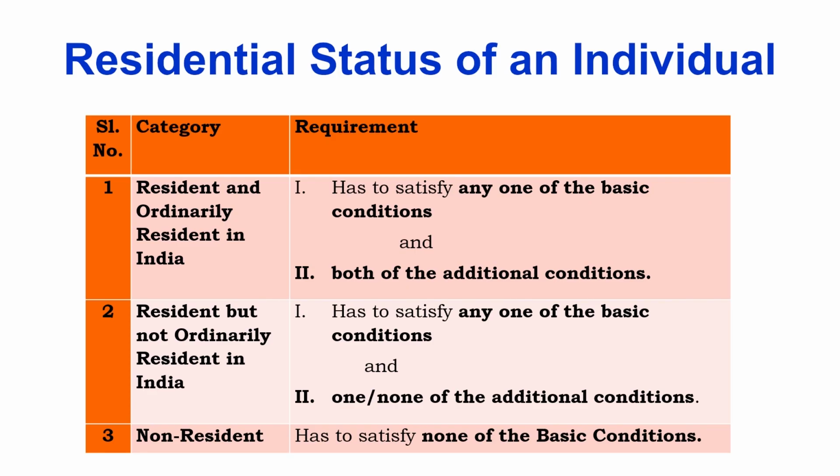An individual will be resident but not ordinarily resident in India if he or she satisfies any one of the basic conditions and one or none of the additional conditions. And non-resident will be if he or she satisfies none of the basic conditions.